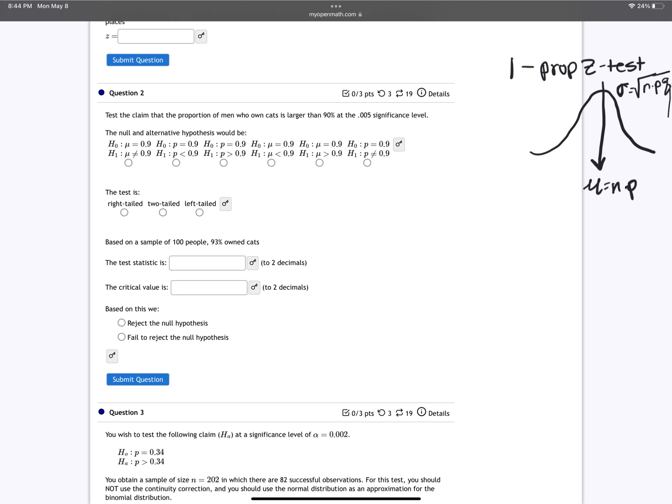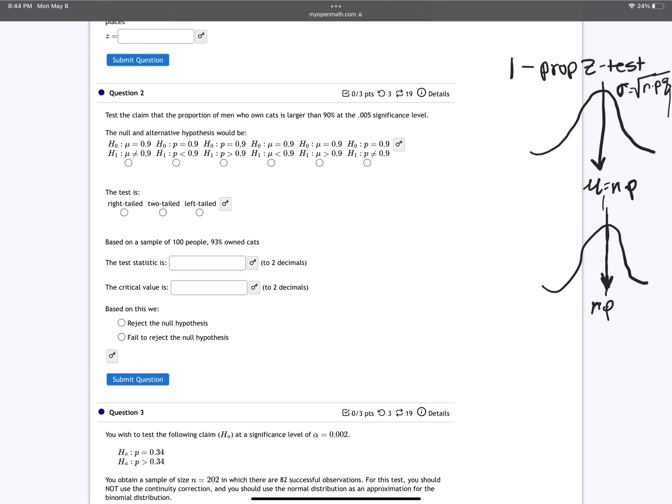Therefore, for the sampling distribution, the middle is going to be at p hat, actually. Well, n times p is what you would expect based on your sample size.